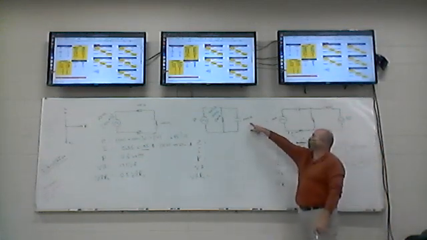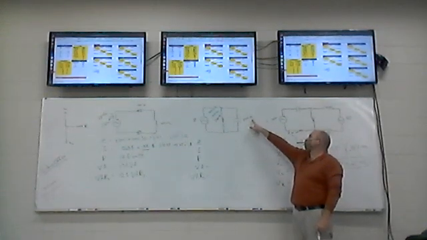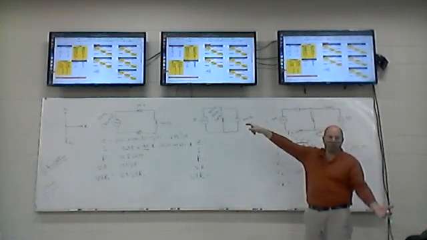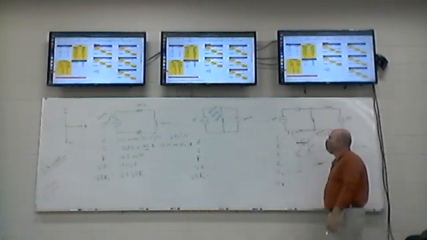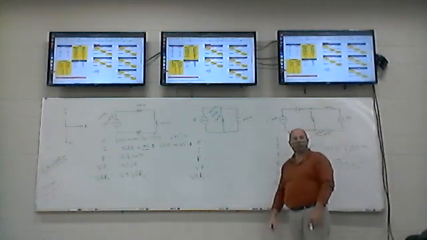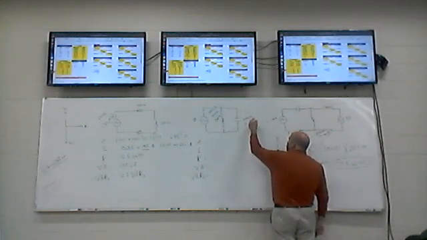Okay, what about this one? I didn't give it to you as capacitance, I gave it to you in ohms, so I don't have to do the 1 over 2 pi fC. Trying to save a little time. But it's a capacitor, so what does that mean? It's 0 minus 200i, right?